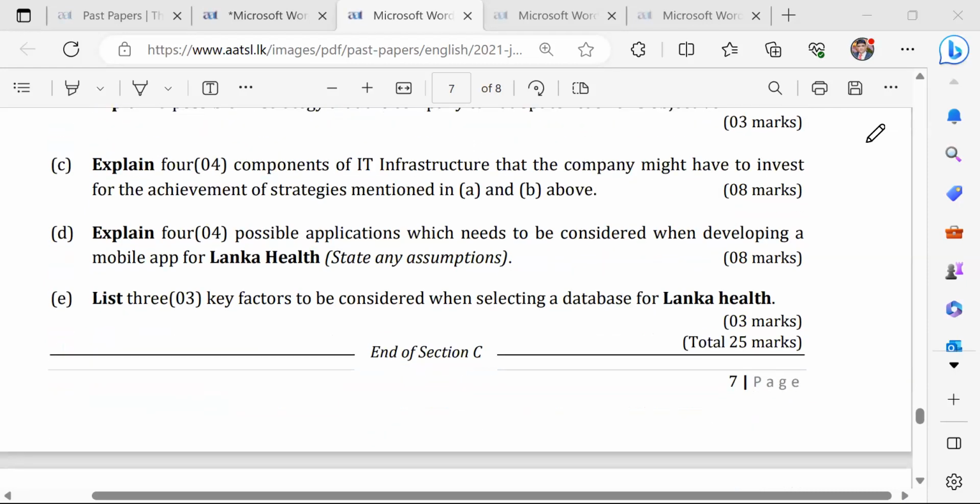Explain 4 possible applications which need to be considered when developing a mobile app. What can we consider? We can add appointment booking systems.